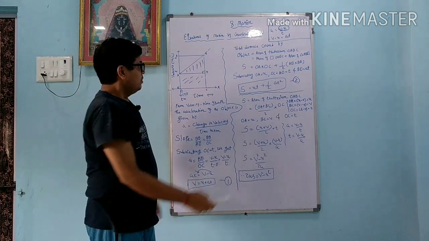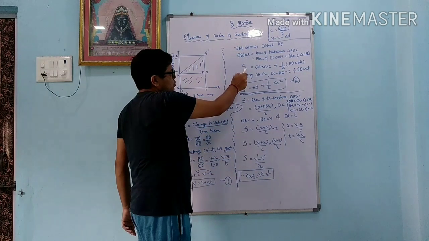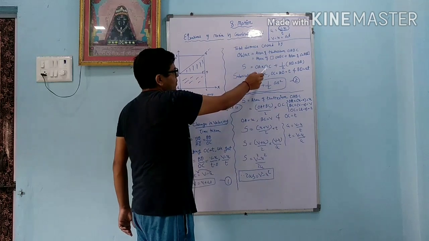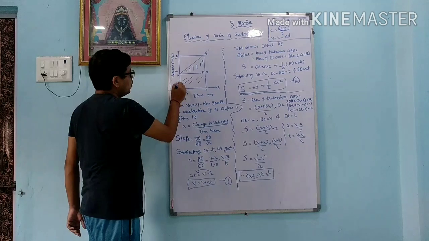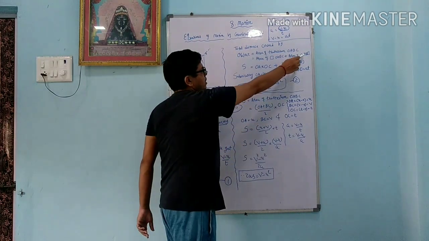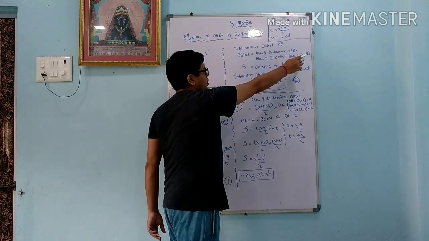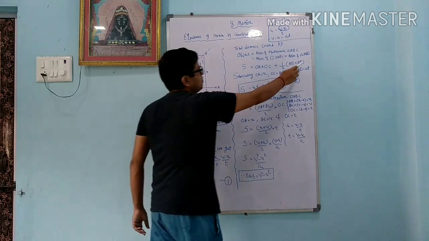Now we know that displacement or distance, we write S, equals area of rectangle, OA into OC. OA is the breadth and OC is the length, plus the area of triangle, half into base into altitude. So base is AD, altitude is BD.